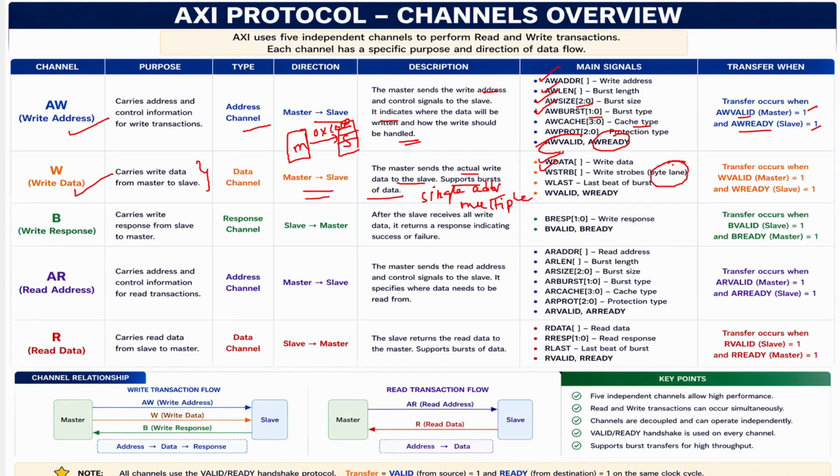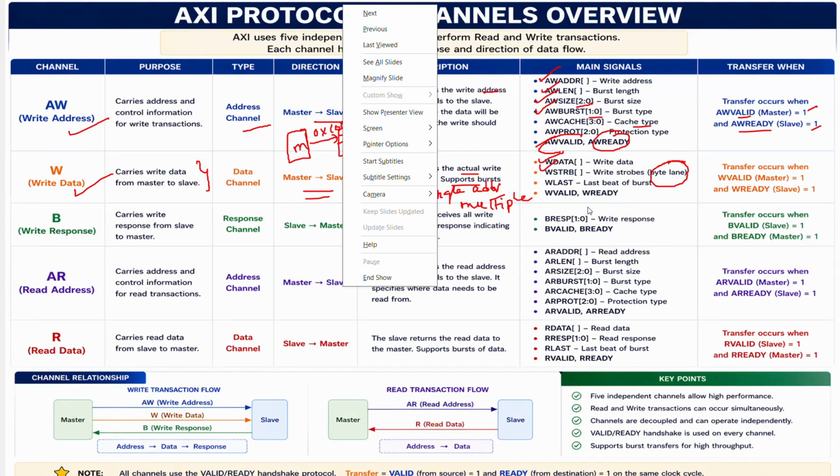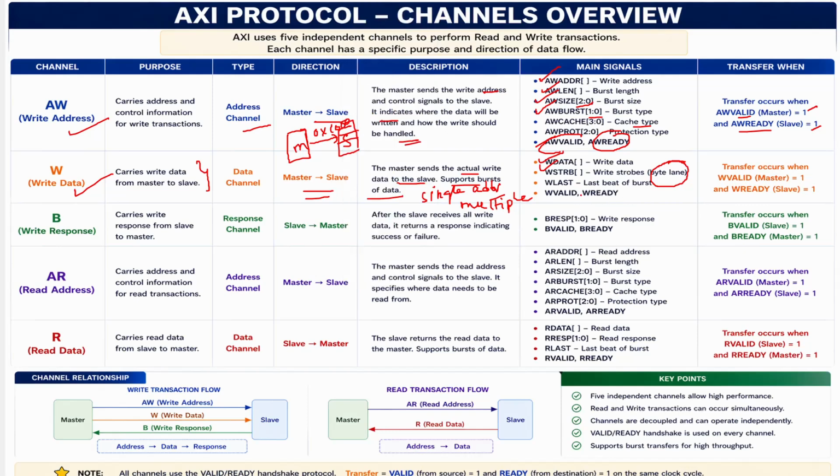If you are sending 32-bit data, that means 4 bytes, and the write strobe tells you which of those 4 byte lanes have valid data. Then W last, the write last signal. When we are sending the last transfer, this last signal will be high.